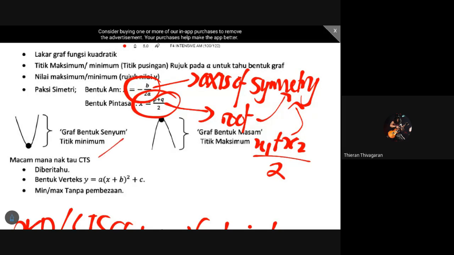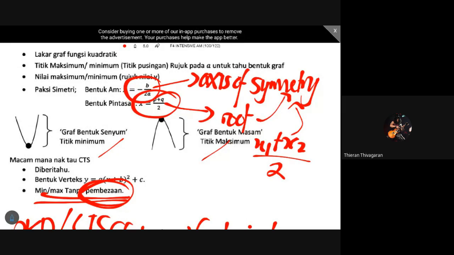Okay, this one you guys know. We already went through macam mana bentuk graf dan nilai dia. And then yang ni. If you all are in form 5 guys, kalau kamu semua sekarang dalam tingkatan 5, you all should know that to find minimum or maximum point, kamu ada satu kaedah lagi juga. You can use differentiation actually to find minimum or maximum point.